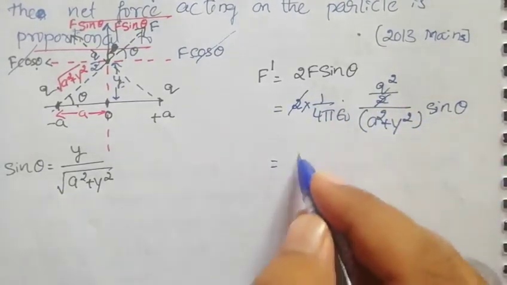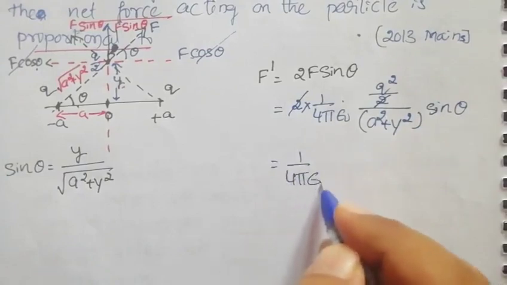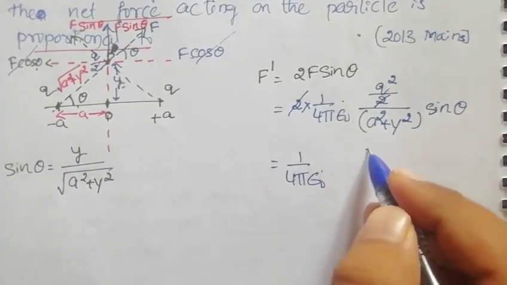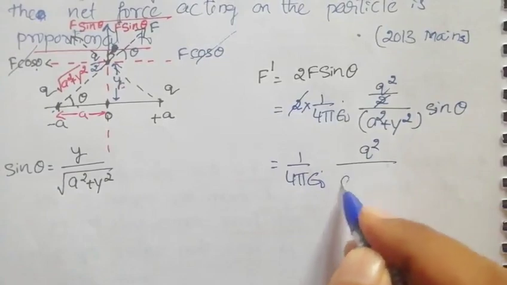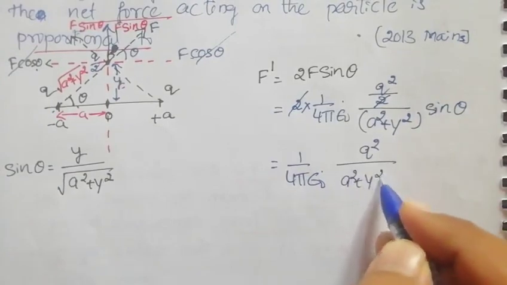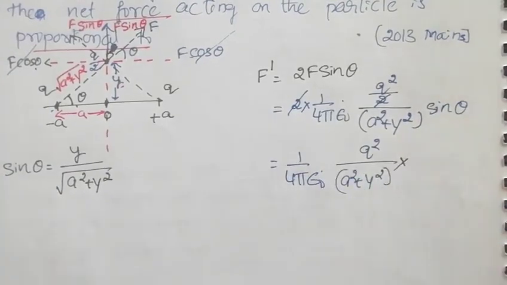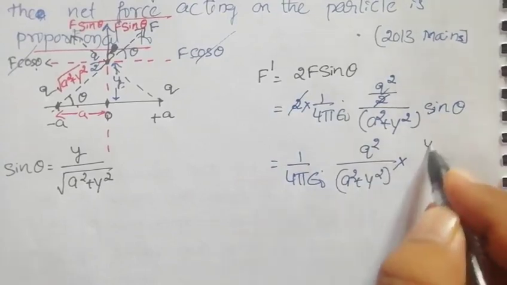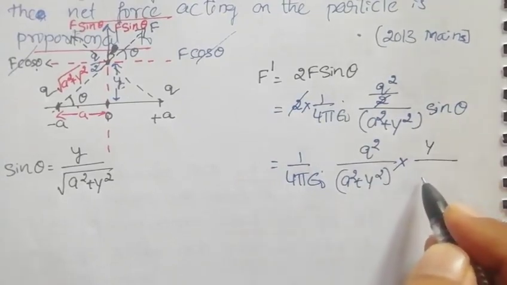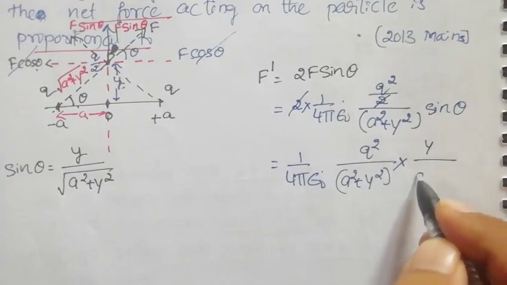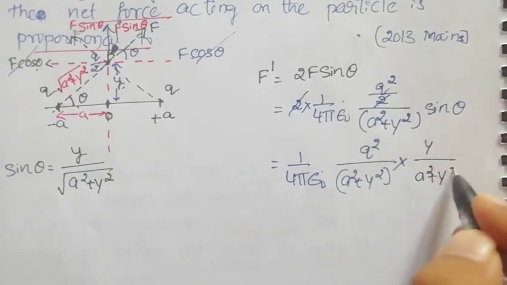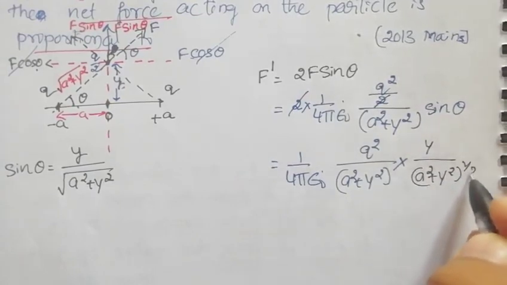So remaining is 1 by 4 pi epsilon naught, Q square by a square plus y square, into sin theta, whose value I am going to write as y by the square root of a square plus y square. I will write it as a square plus y square whole power 1 by 2.